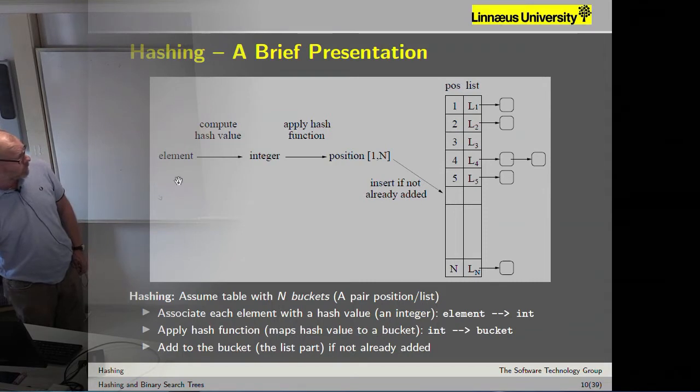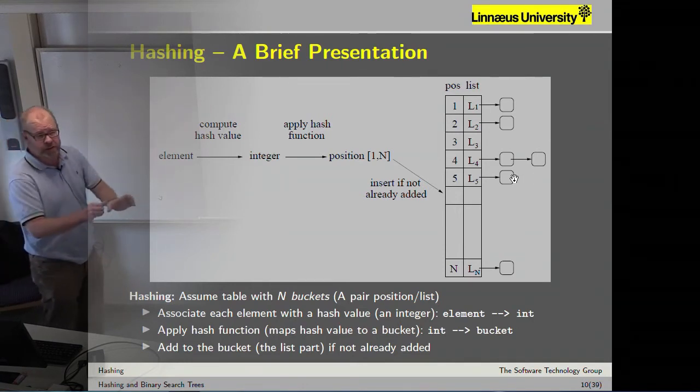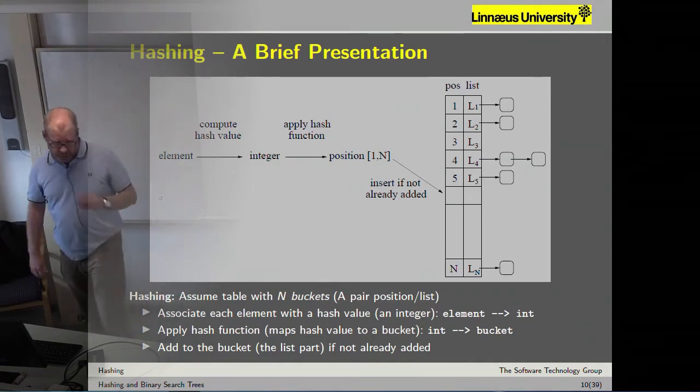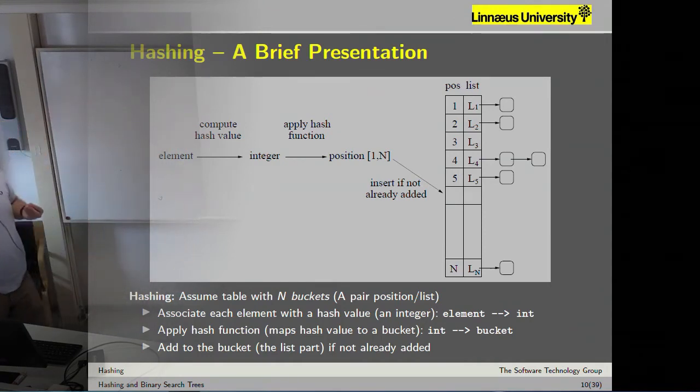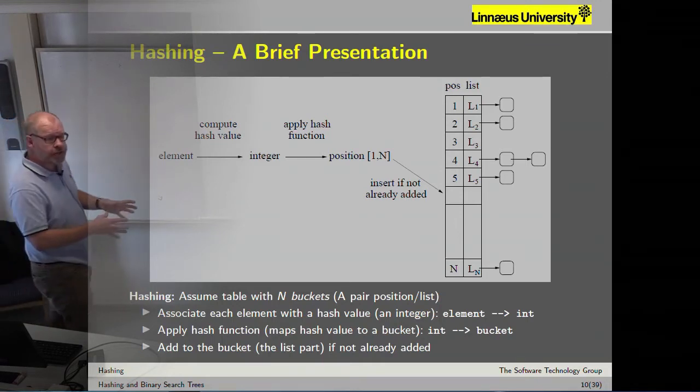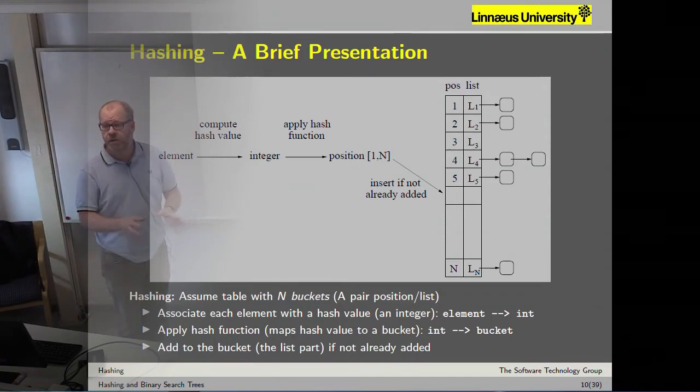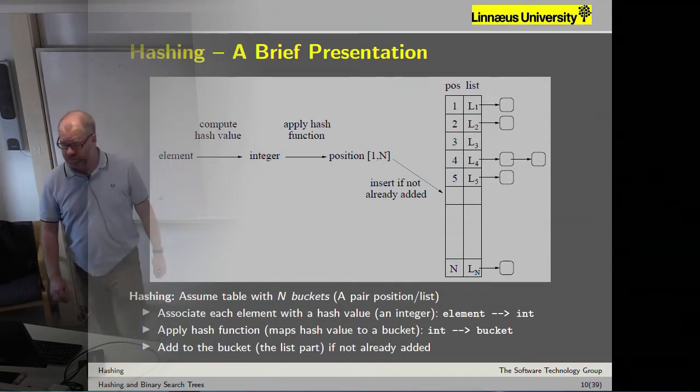If they are not associated with the same integer, they will end up in different buckets. And also, when we are traversing the list here, we must be able to see that these two are similar or not. So in Java, when you want to decide whether two elements are similar according to hashing, they should provide the same hash code, and the equals method should give true.